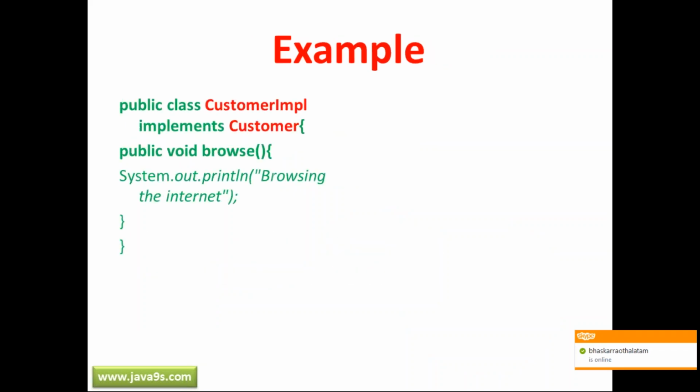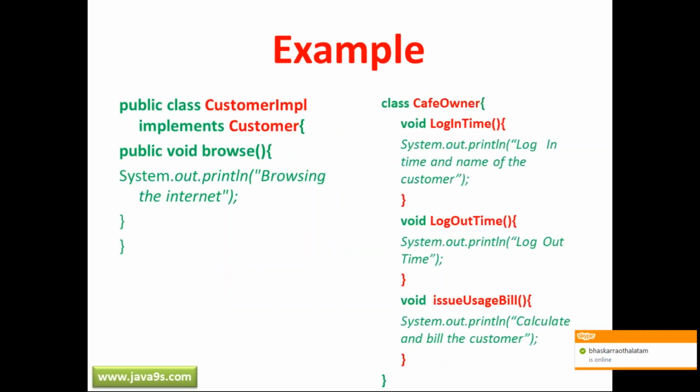We started doing a small example, right? The example of cave owner and customer. We have a customer, and we have a cave owner. From the customer's point of view, he is not really interested in entering his login. Okay, he is not really interested even in his logout time details, and is not worried about generating a bill.